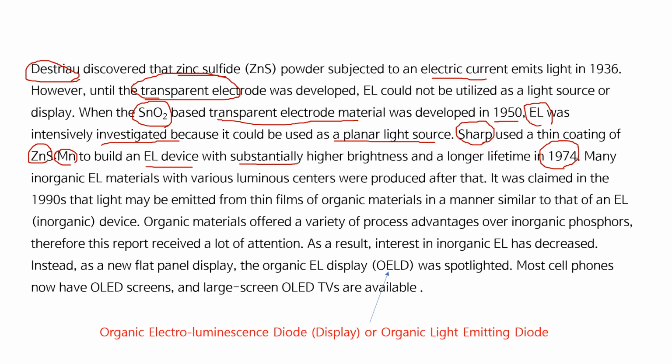Many inorganic EL materials with various luminescence centers were produced after that. It was claimed in the 1990s that light may be emitted from thin films of organic materials in a manner similar to that of an inorganic EL device.